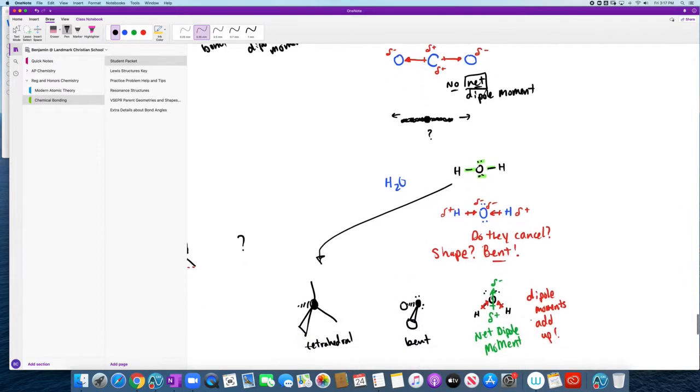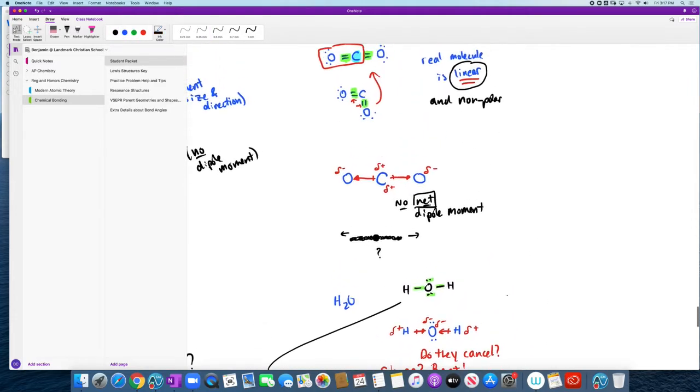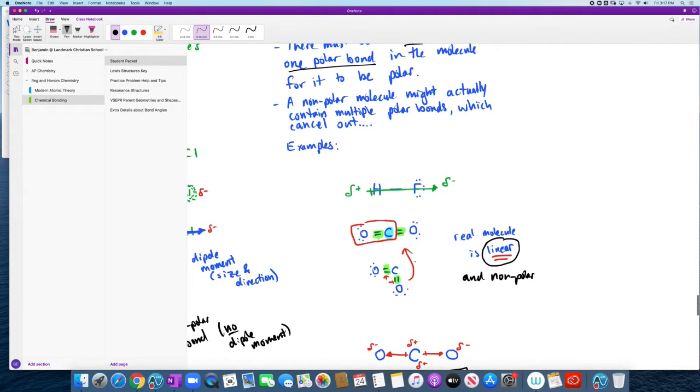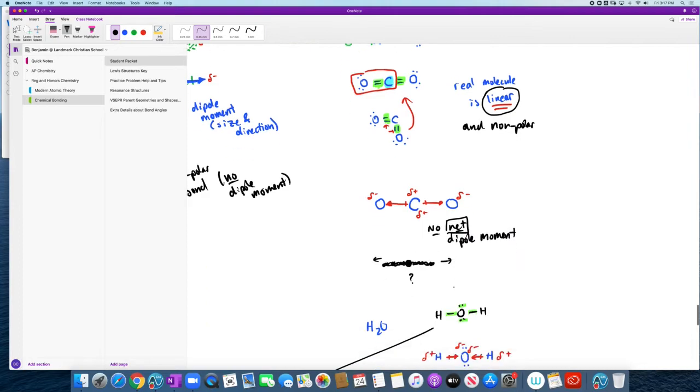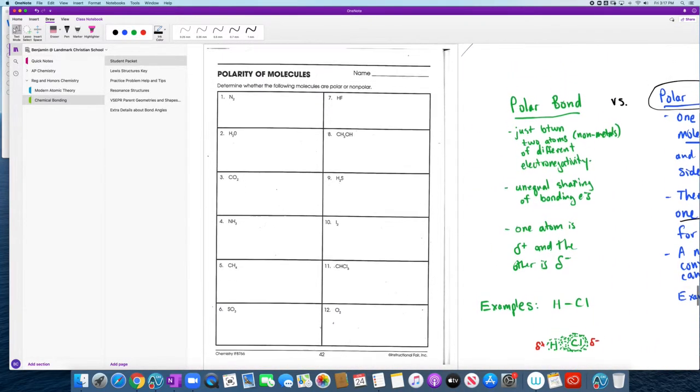However, if you have something like a bent molecule, like the water molecule, those dipole moments don't cancel, they add. So you need to see whether or not you've got polar bonds in the first place, and then how are those polar bonds arranged, because they might cancel out. So let's apply that to some more complicated looking molecules that aren't just linear or bent.